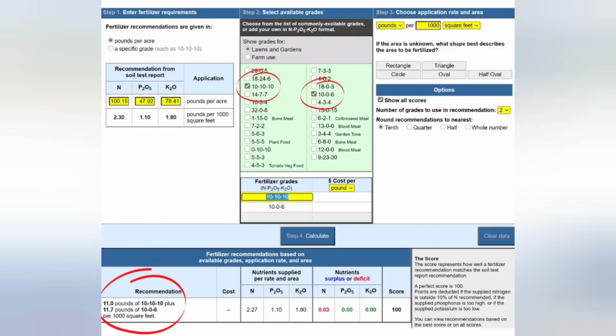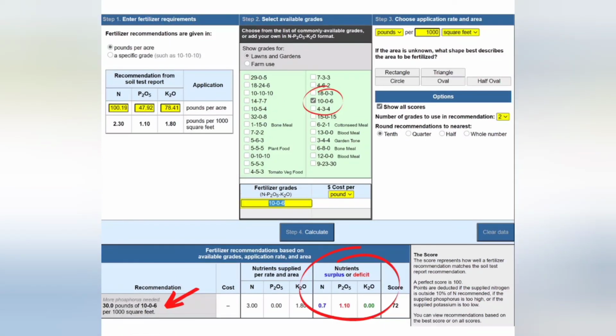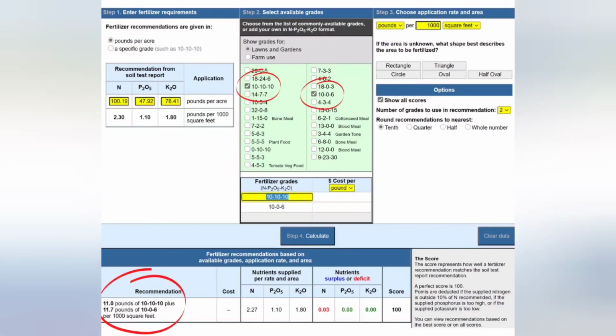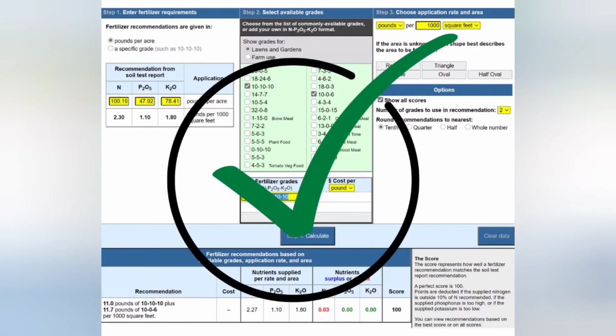If you would unclick one of those buttons, then your surplus or deficiencies would change, and you would see that you would need to add more nitrogen or add more potassium. So this would be the recommendation that we would make for Miss Lashley to add to her garden. And then in addition to that, she would also need to add zinc and lime to her garden.